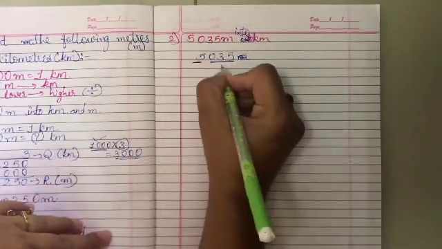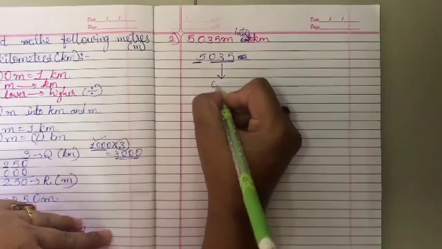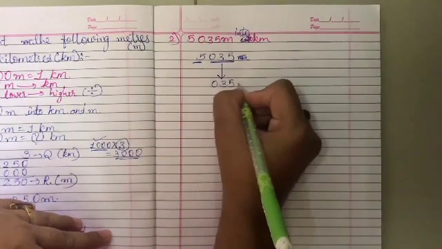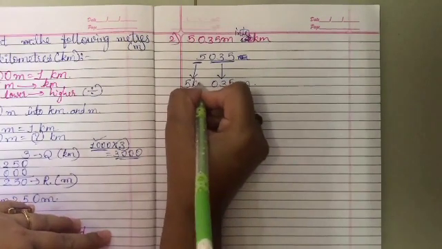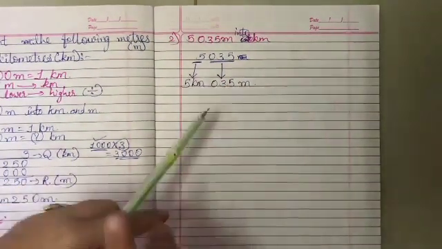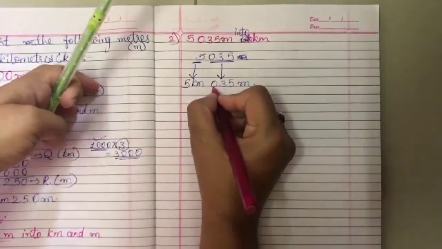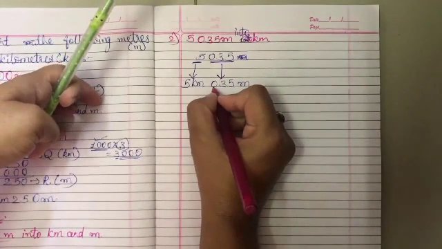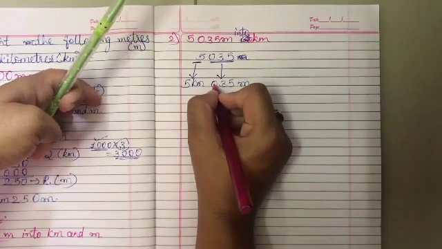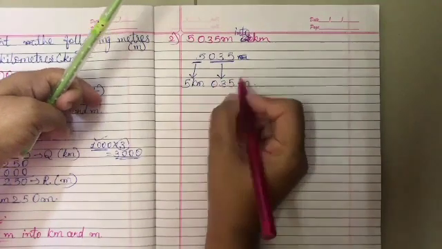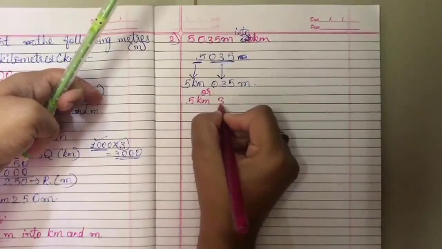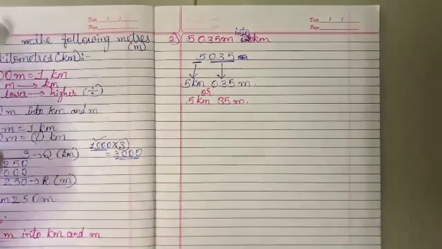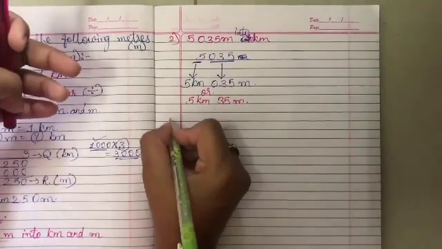Separate last 3, the one which remains, give it 35 as your meter, and 5 will be as your kilometer. Okay, this 0 has no value. Why? Because it is a zero in the starting of the meter. Okay, so you can write it as 5 kilometer 35 meter as your answer.